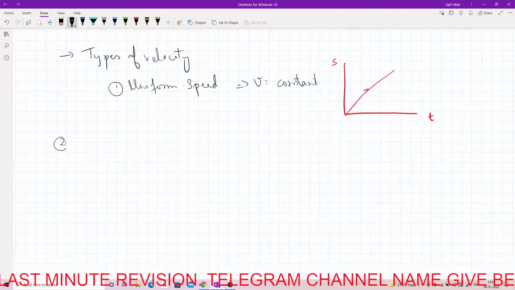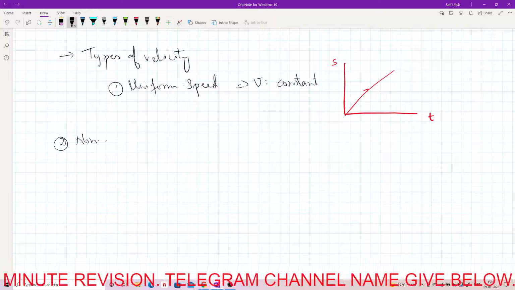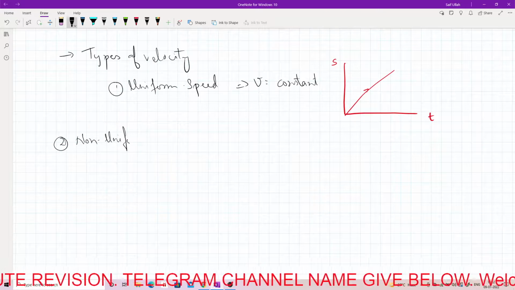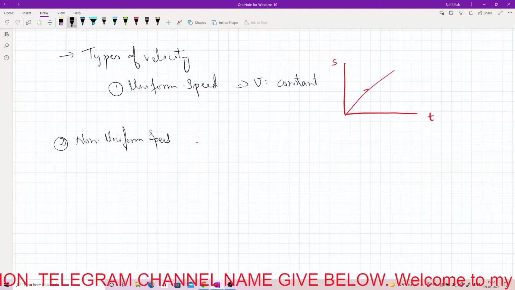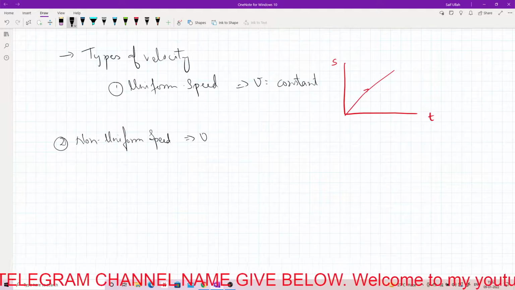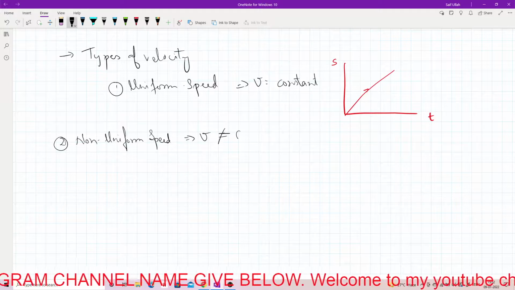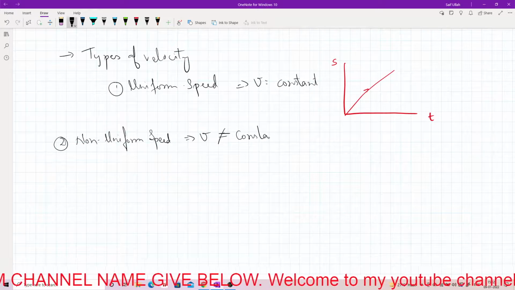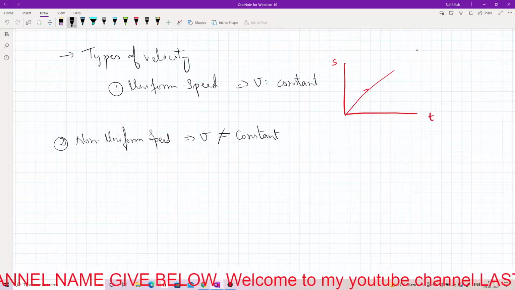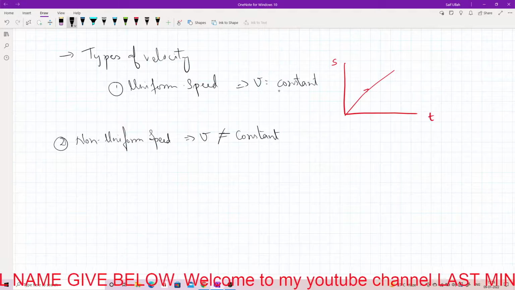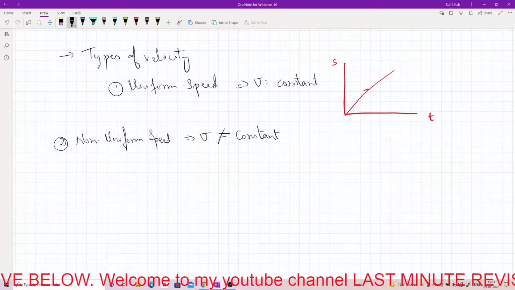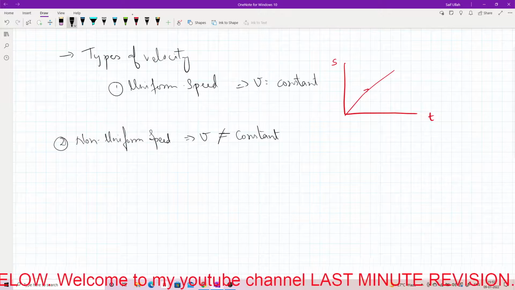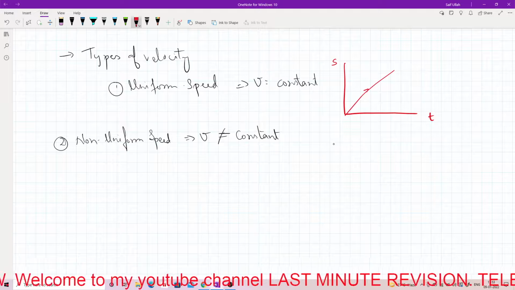The next one will be non-uniform speed. In non-uniform speed, v will not be equal to constant. In the first one you have seen v is equal to constant, where it was a uniform speed, but here, as it is a non-uniform speed, it will not be constant.